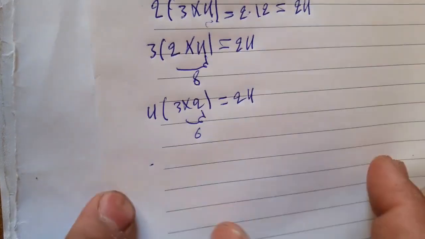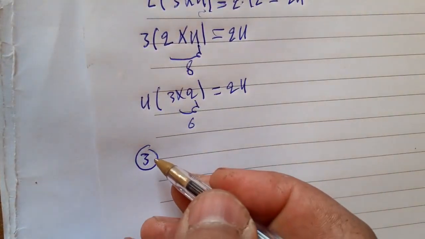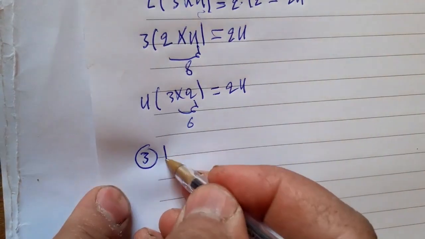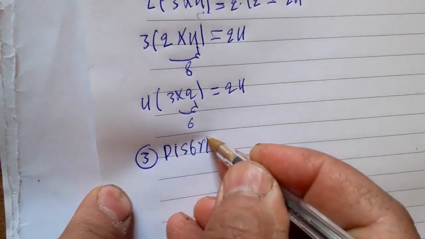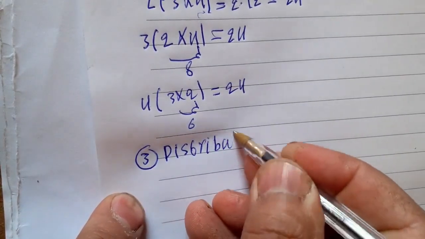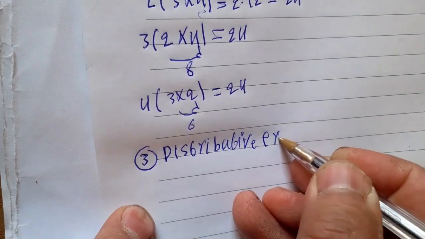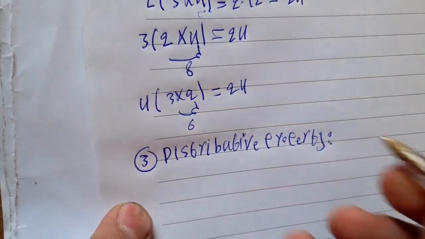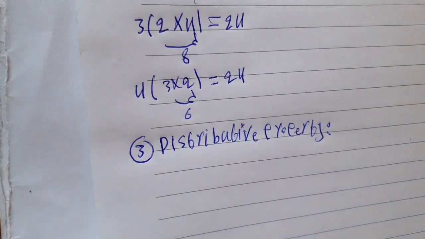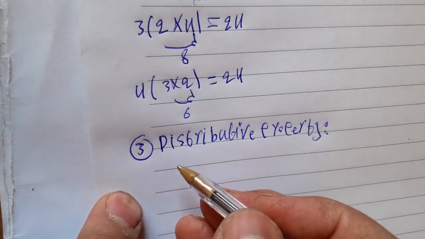Number 3. Distributive property. This means multiplication is distributive over addition.